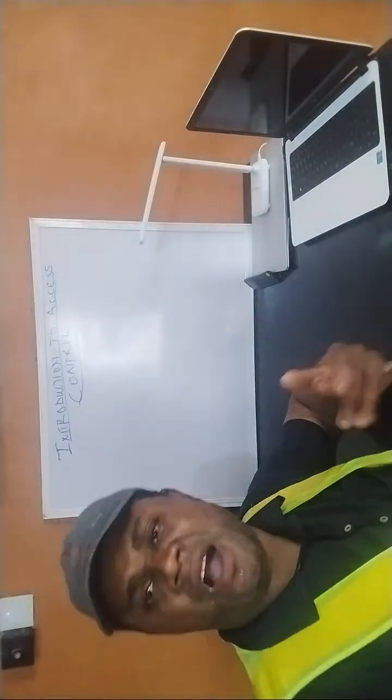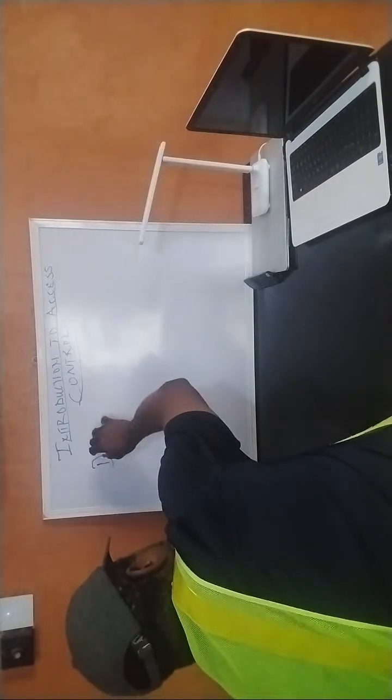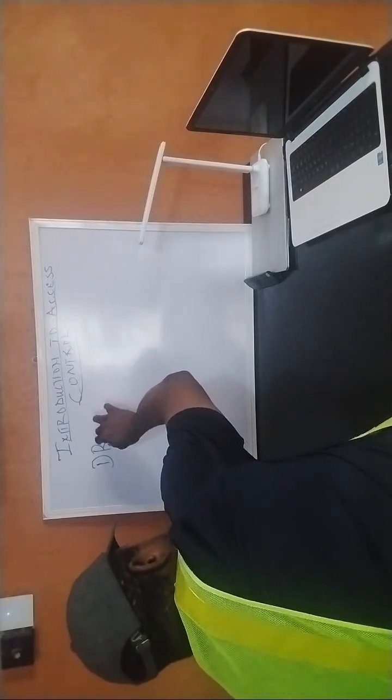Now, for access control, what are those things that are required? Number one, you need a reader.